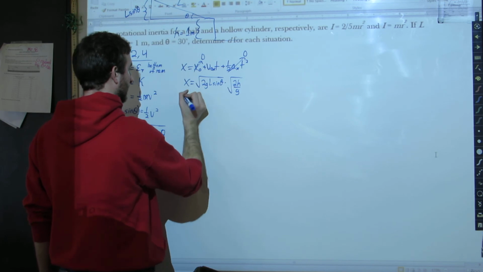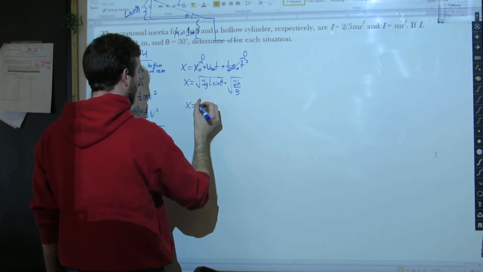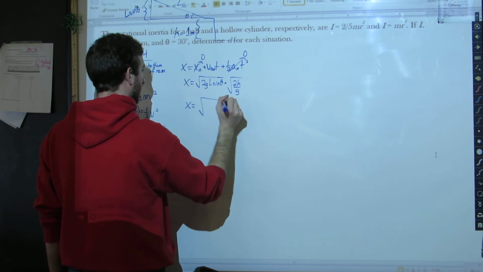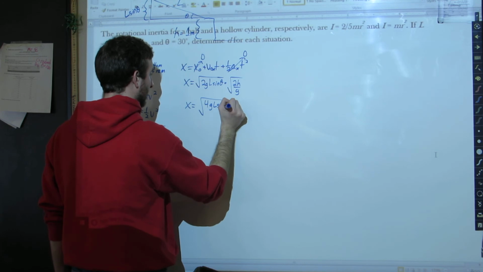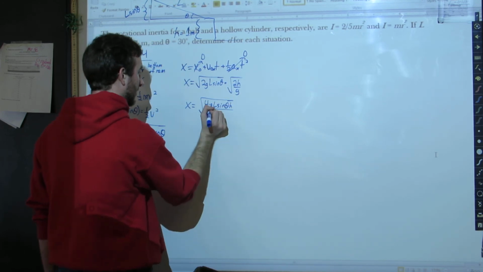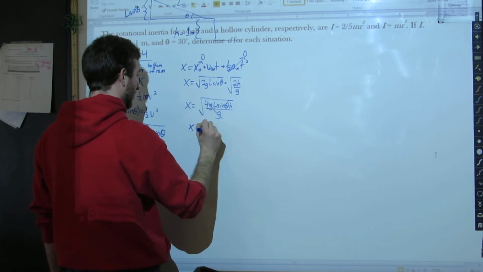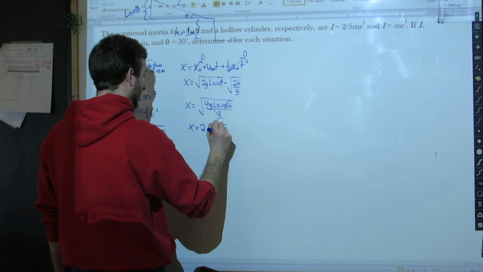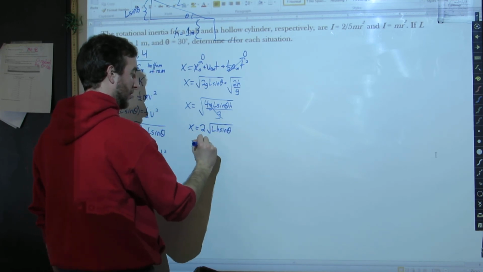If we're multiplying radicals, we can combine them into one big radical: 2 times 2, 4gL sine theta h over g. My g's cancel out. The square root of 4 we can bring outside, it's 2, times the square root of L h sine theta.